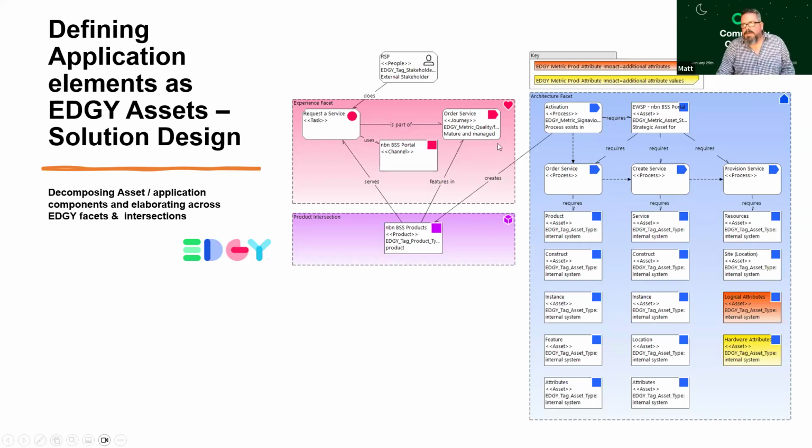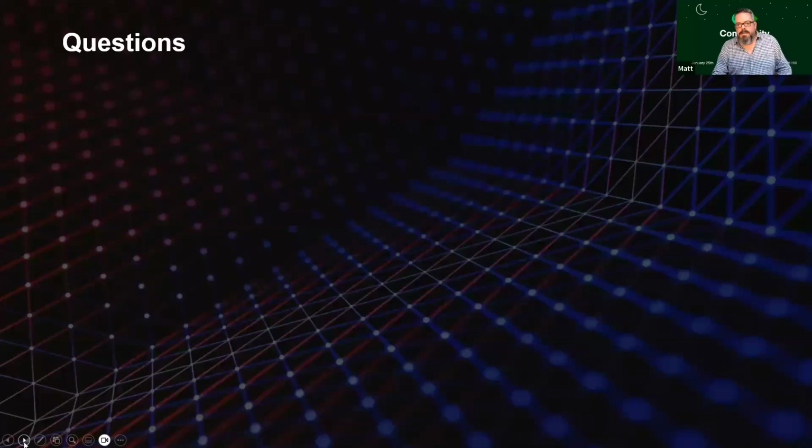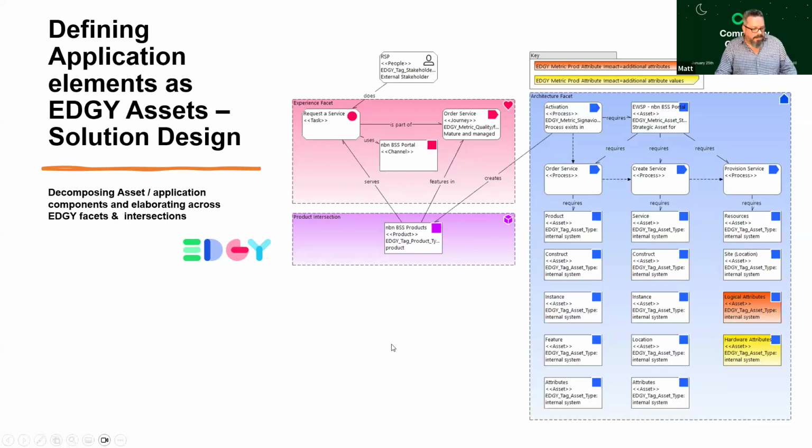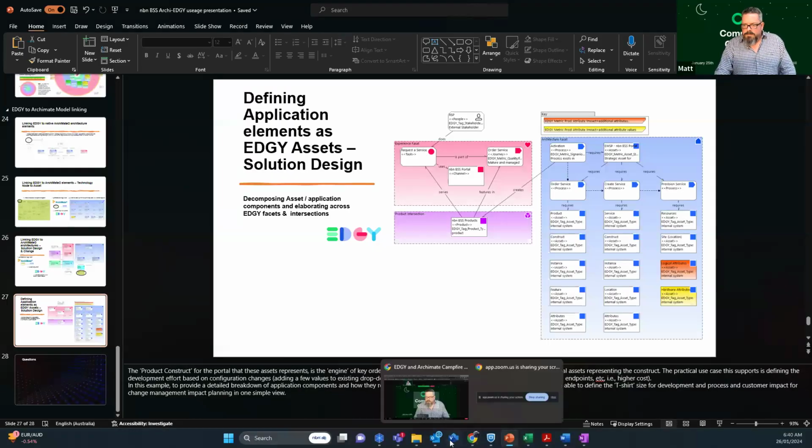Again, always the context to the experience element, because we're thinking at the early stages, and what EDGY gives us is thinking from early on how that will affect our journeys and the tasks that people are performing as part of those journeys. Okay, it's not questions yet, because I'm going to dive into the tool.